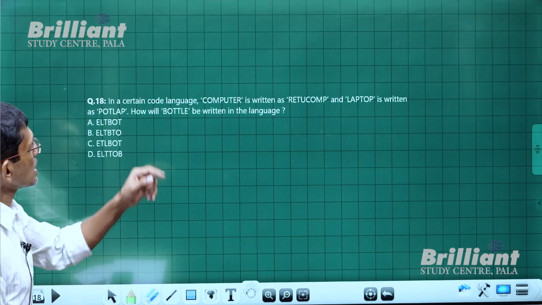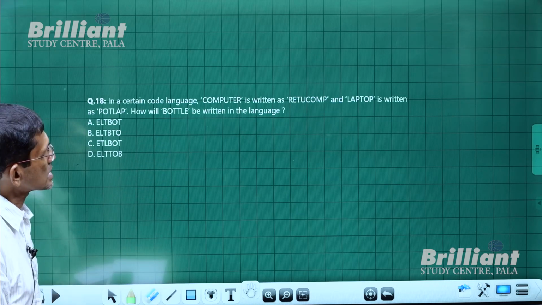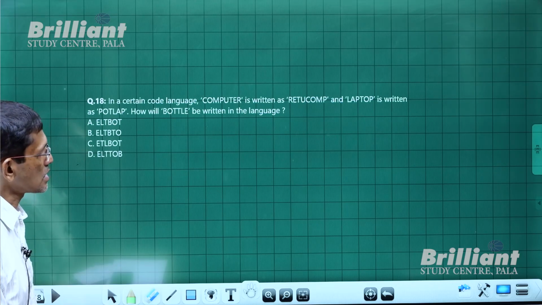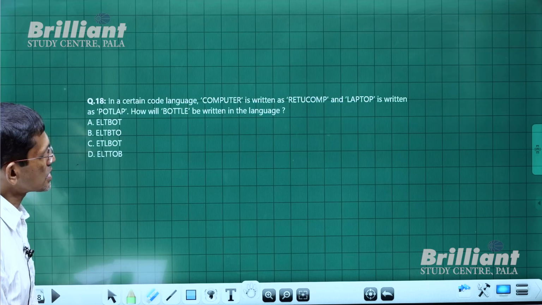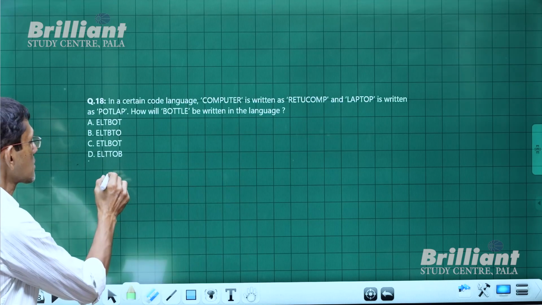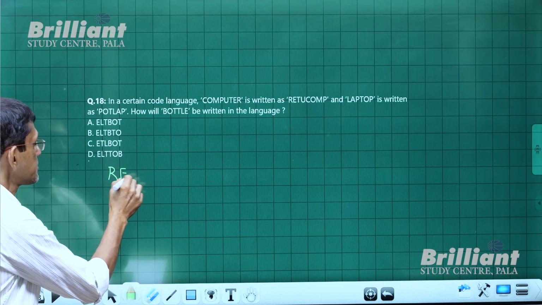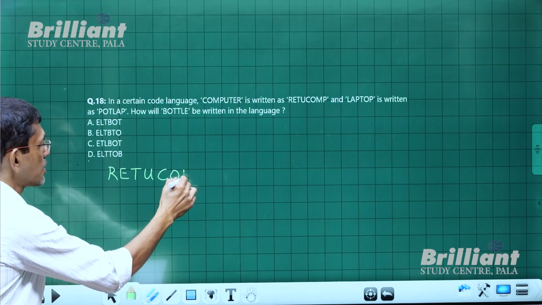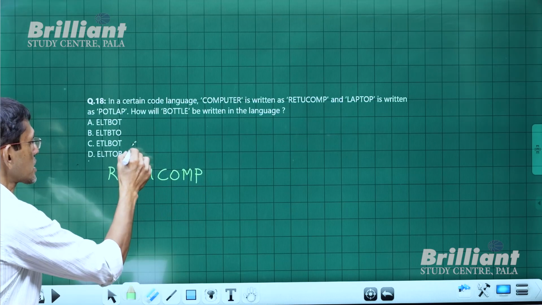So in a certain code language, computer is written as RETUCOMP. All the letters in computer are in the word. So how is it coded? Let's take a look. RETUCOMP.